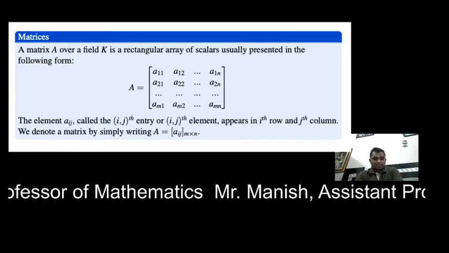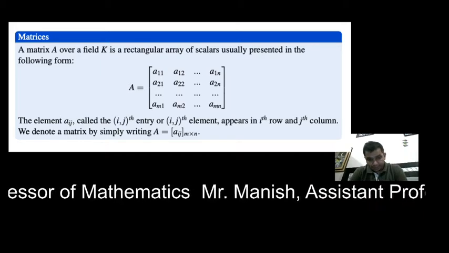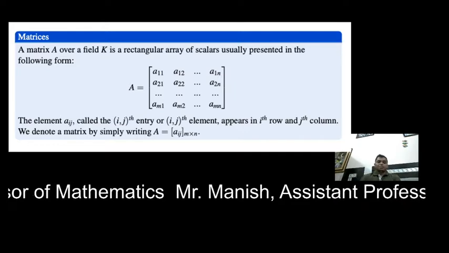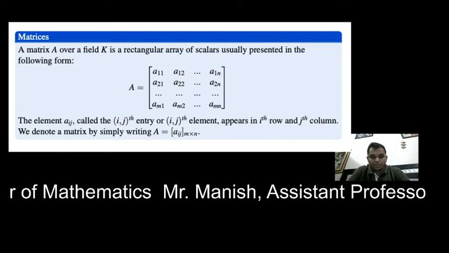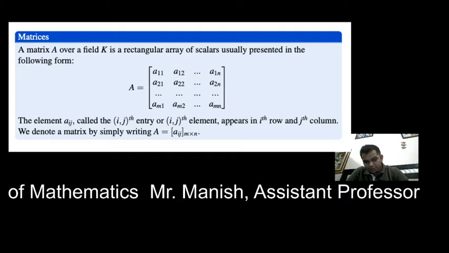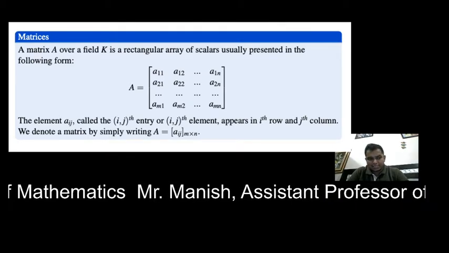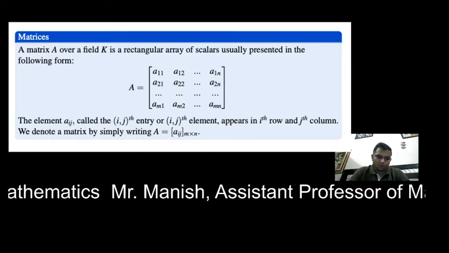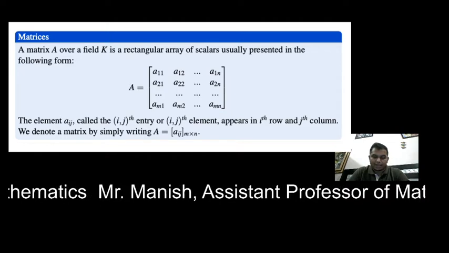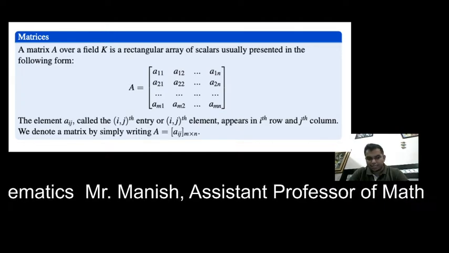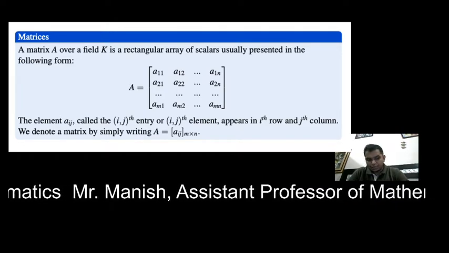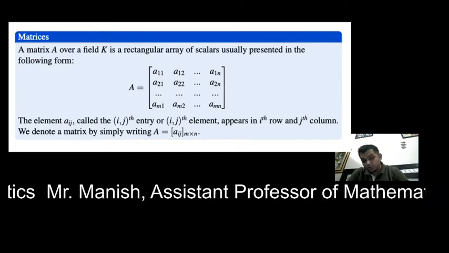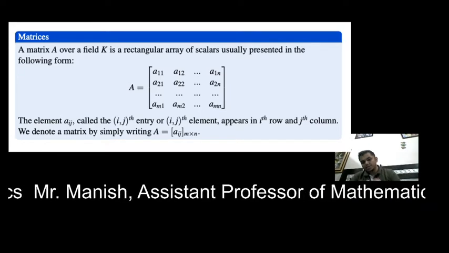We denote a matrix by simply writing A is equal to [aij] m cross n. What is a matrix? A matrix is the arrangement of elements in the form of rows and columns, where we denote the elements of the matrix in the form of aij, where i denotes the row and j denotes the column, and aij denotes the element at the ijth position in the matrix A. We denote matrix A as [aij] m cross n.